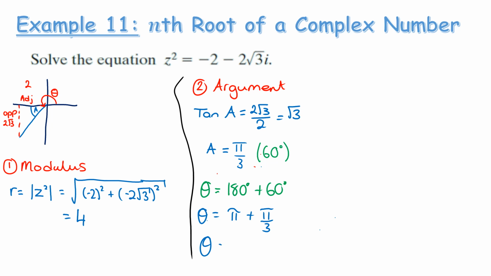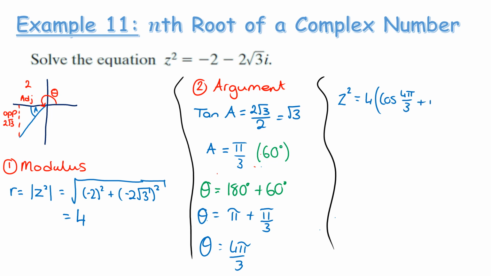So that gives us an argument of 4 pi over 3. So that means in polar form we have z squared is equal to 4 cos of 4 pi over 3 plus I sine 4 pi over 3.